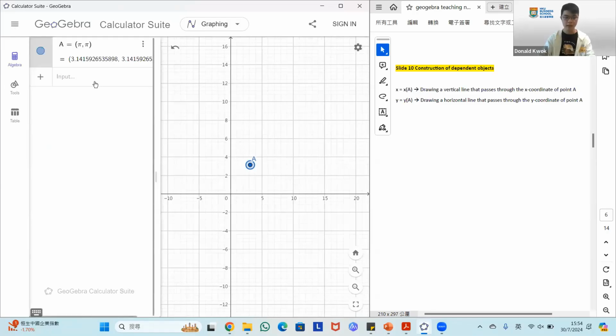Shall we type x equals 3.1415 and so on in the algebra panel? Personally, I do not recommend this approach, as this might incur some rounding errors and other kinds of trouble. A smarter way to tackle this is to type x equals x(A) in the algebra panel, where A is the name of the point, pi.